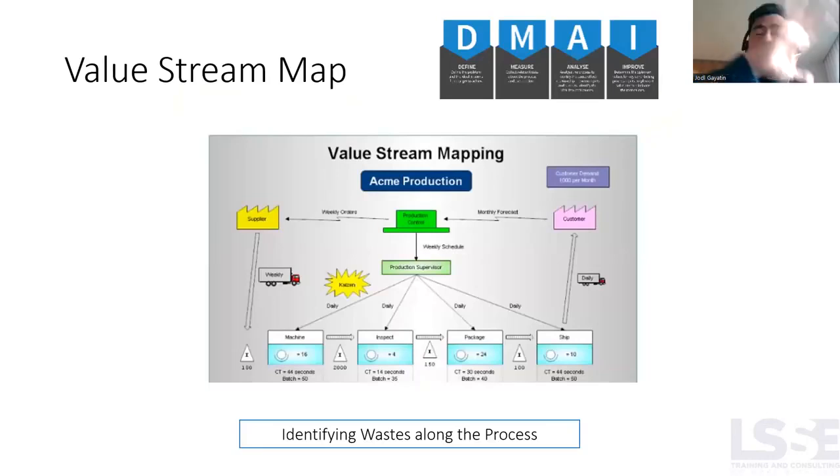A value stream map maps your process and identifies what we can consider as waste. Waste is anything that doesn't add value to the customer. So going back to the NBI example, if they had streamlined their process, then they might have minimized the waiting time for the customer.